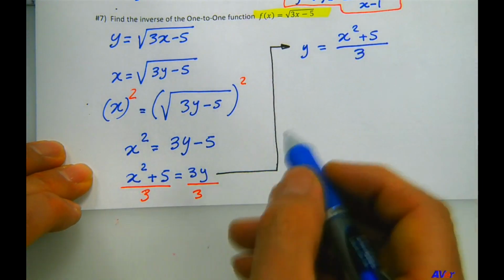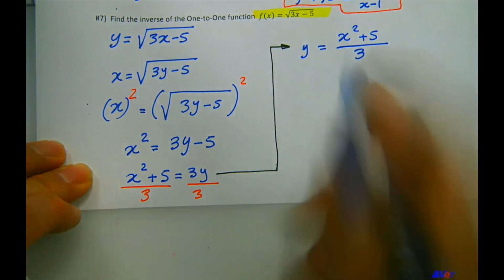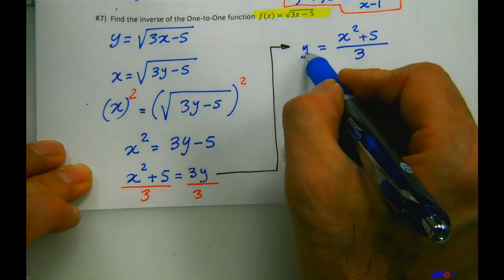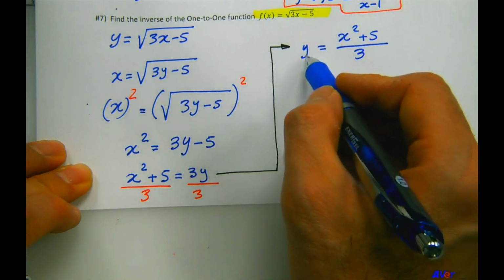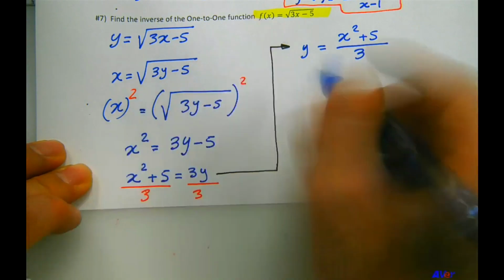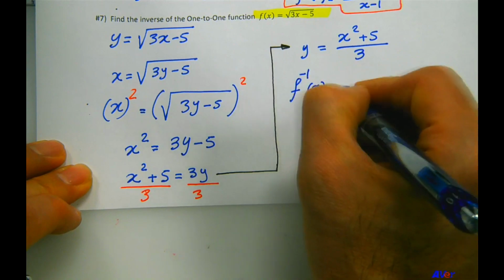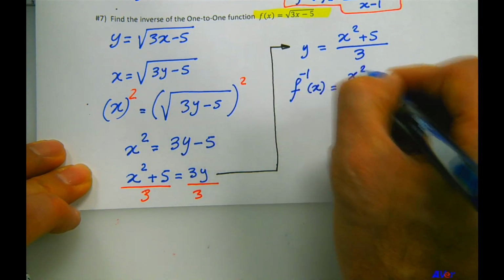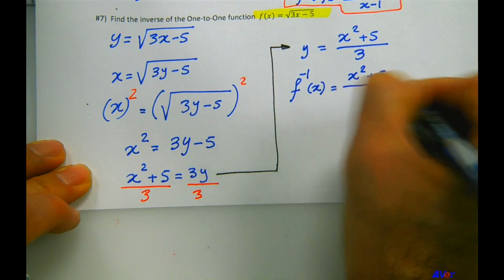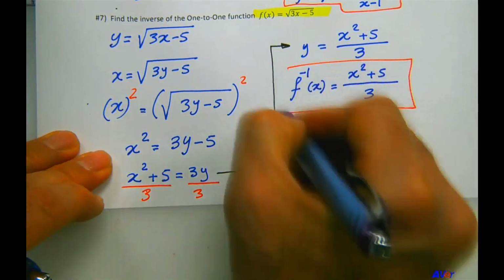Are we done? 99% we're done. But 1% remains, which is to replace this y with the proper inverse function notation. We started out with f of x, so this will be f inverse of x equals x squared plus 5 divided by 3. Like that.